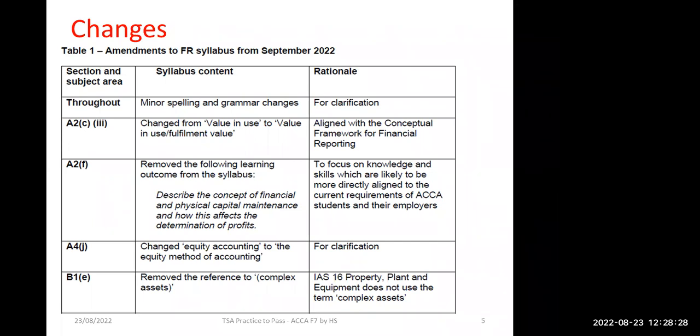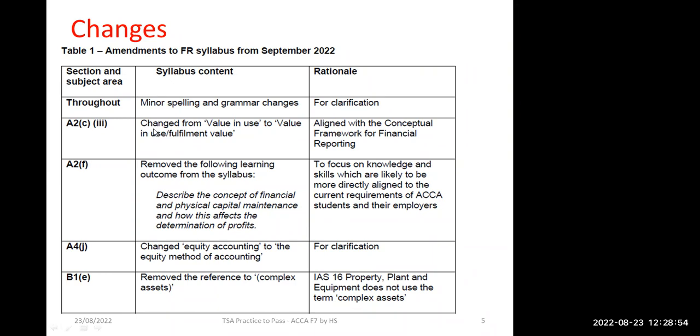Talking about the minor changes, in the syllabus at one point it's mentioned contingent liabilities and assets. To clarify this point, they have changed it from contingent assets and liabilities to contingent assets and contingent liabilities. So that's the change.